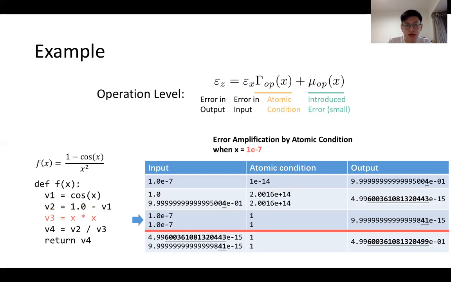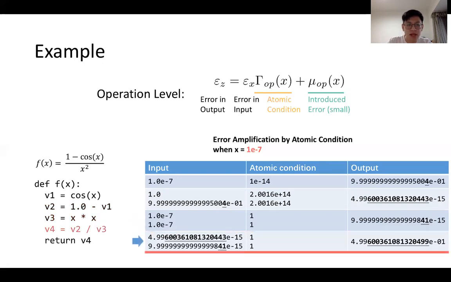In the third one, there's no error in input, and the condition number is 1, so the output contains a very small introduced error. And in the last one, there is a significant error in the input, and the condition number here is 1, which means the error will just pass to the output of this operation, which is also the final result of this program.